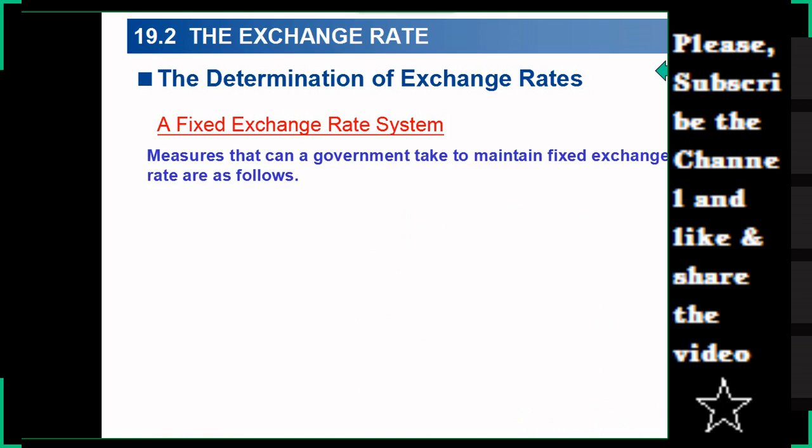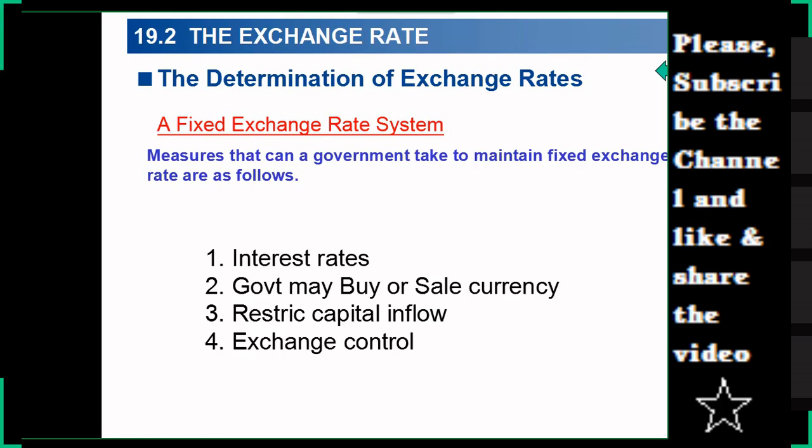Okay, now let us discuss what are the measures our government can take to maintain the fixed exchange rates. Now some of the measures like interest rate. We have been discussing interest rate quite a while, so I would not focus on this part.